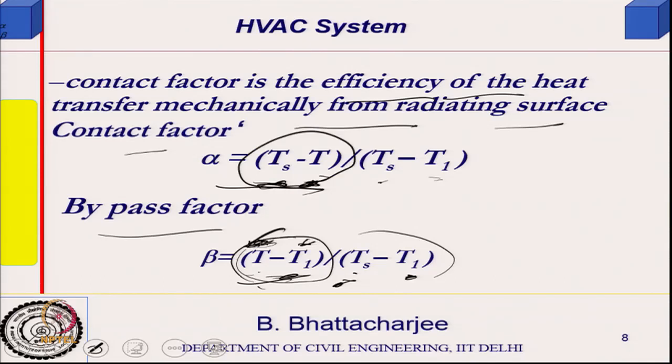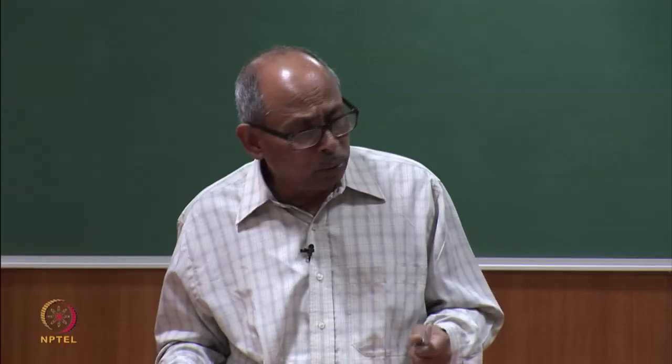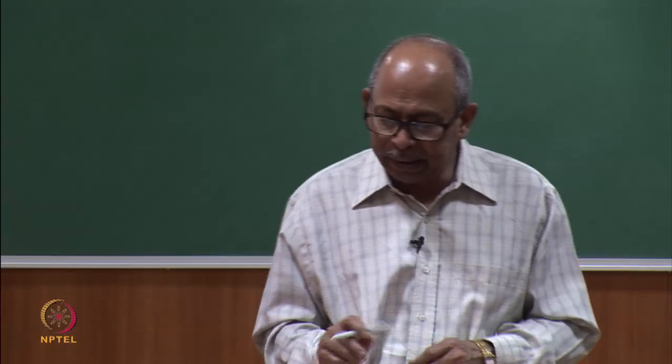So this difference is the contact factor, and one of them is the bypass factor. Sum total of this is actually equal to 1. So if I sum up, actually T gets cancelled, Ts minus T1, yeah, that's what it is. So one is bypass factor, means that's not available, that's going out. So that's right. Those are two separate issues I just discussed.